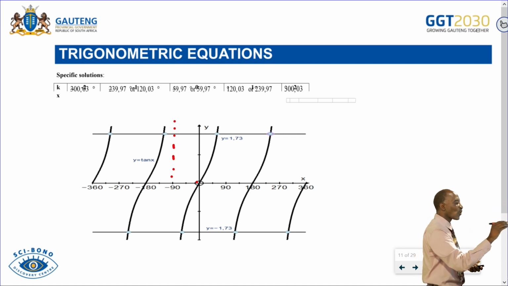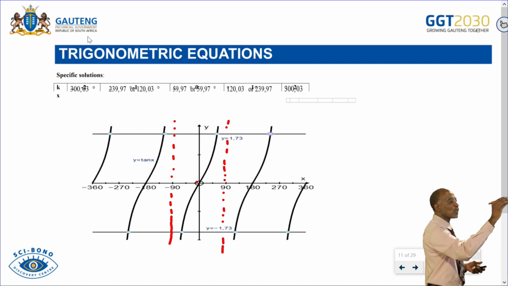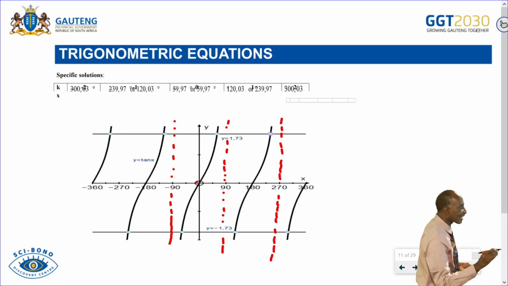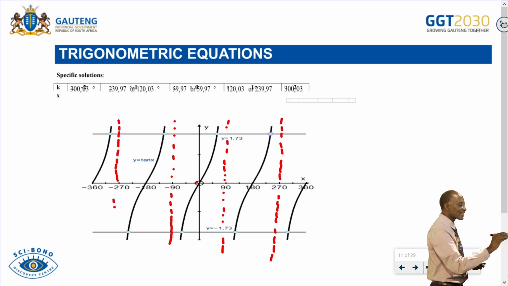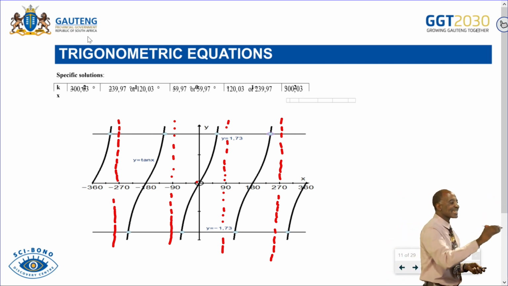These are your lines of asymptotes. The graph does not cross this line. It doesn't cross this line either. Then at 270, we have another line of asymptote. Minus 270, another line of asymptote, like that. So this is the tangent graph.